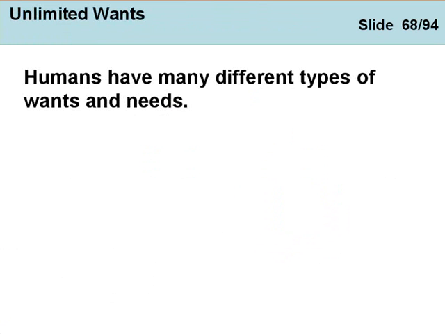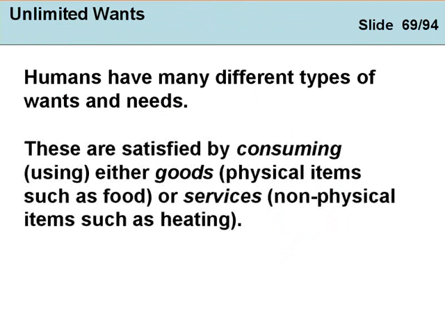Okay, let's talk about unlimited wants, because humans have many different types of wants and needs. These are satisfied by consuming, using goods, physical items such as food, or services. But we always want more.